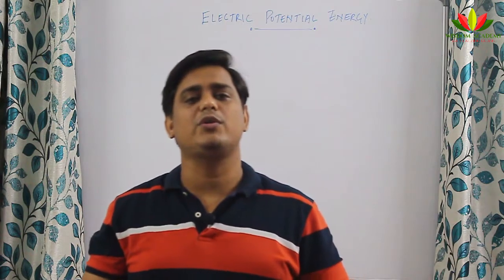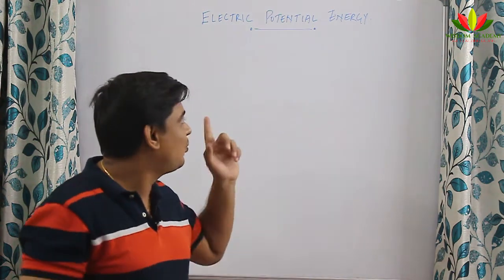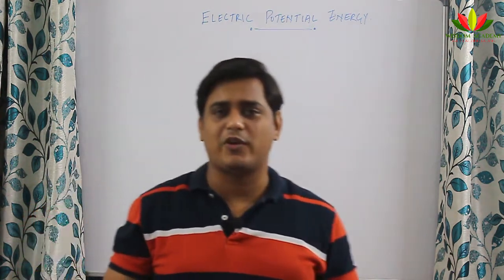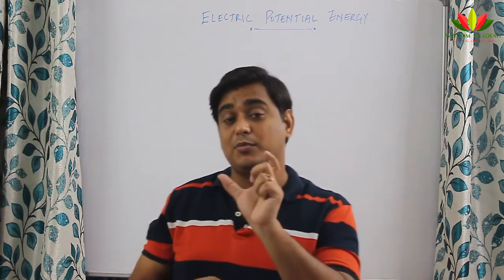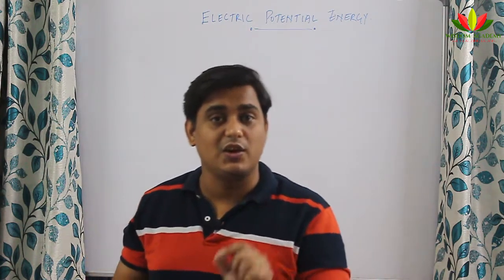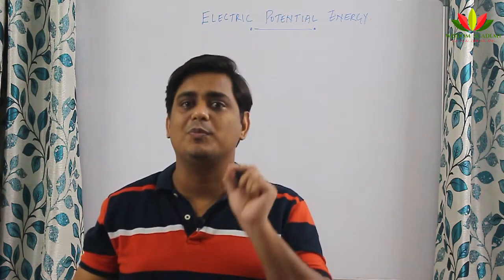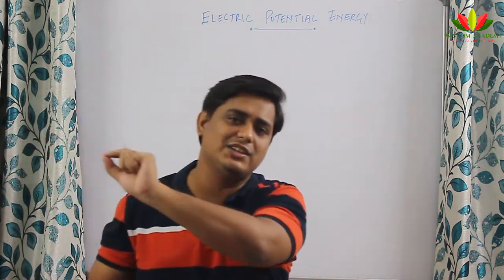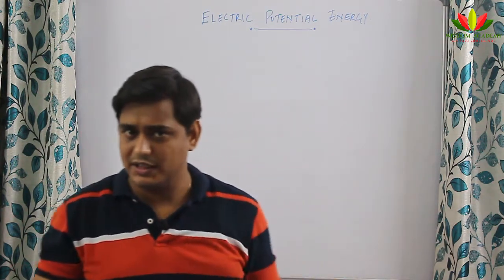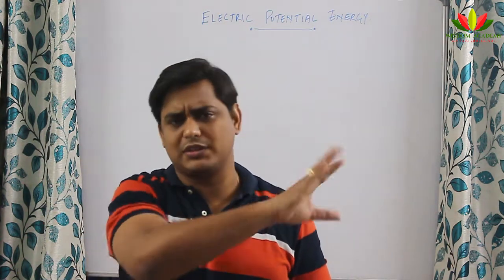Fine. Now we are going to see electric potential energy. So till now we were talking about electric potential. Now we are going to see electric potential energy. They both are very much linked. What is electric potential? Electric potential was the work done to bring a unit positive charge from infinity to a point, under the influence of some other field.